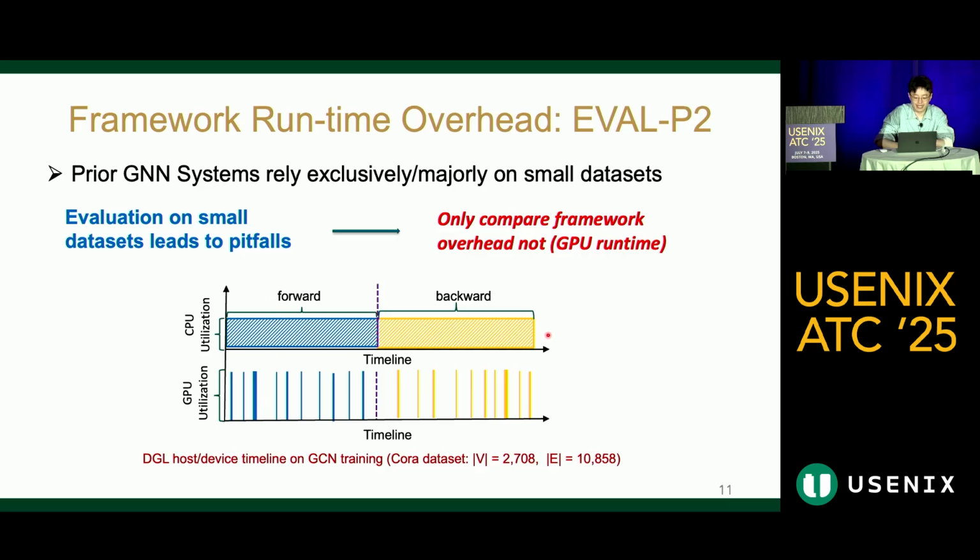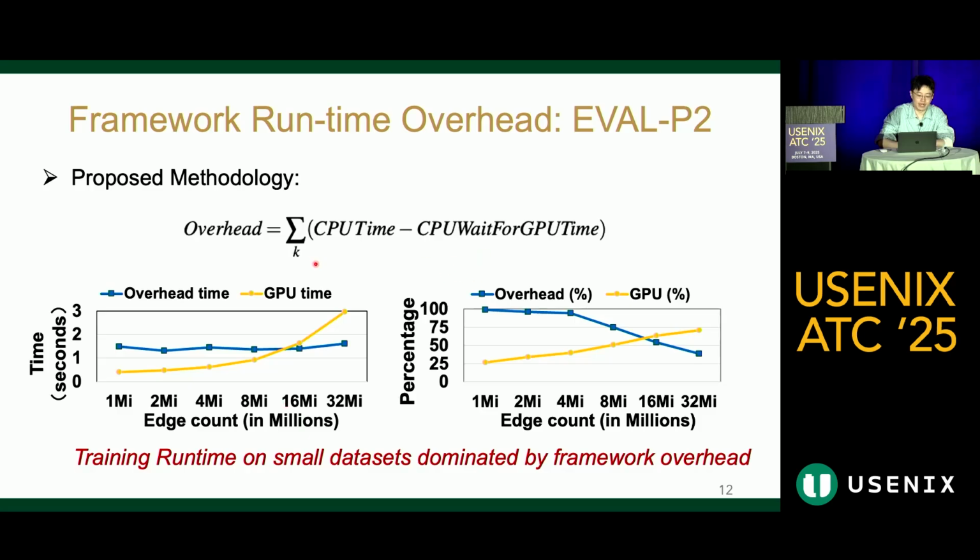It is very clear that the overhead time is much larger than the GPU runtime. In the paper, we propose a methodology to measure the overhead, which is the CPU time minus the CPU wait for the GPU time. K here represents the number of training iterations. In the appendix of the paper, we give more detailed explanations.